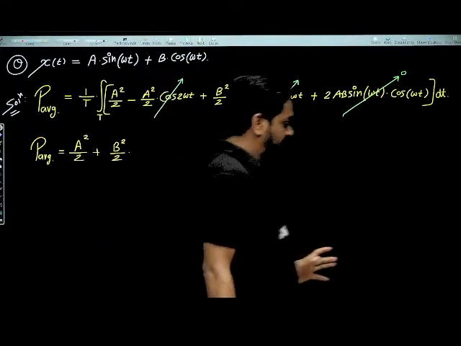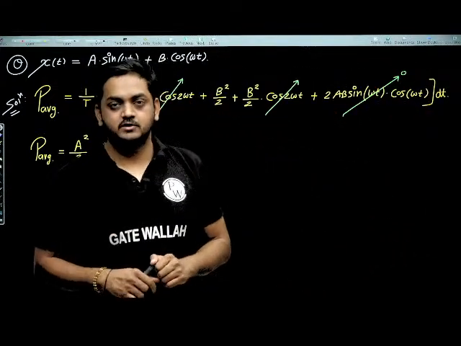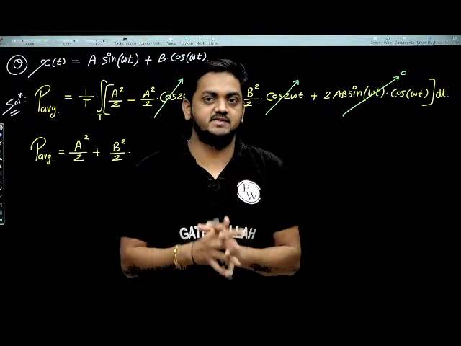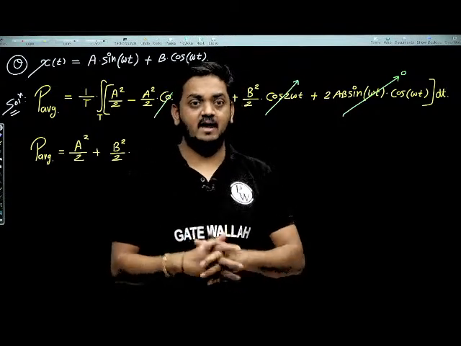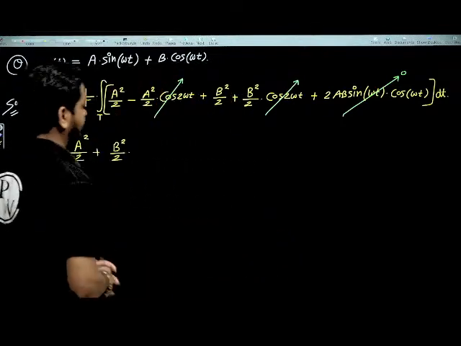Is this clear? And the last case is very important. Suppose we have sinusoidal signals with the same frequency but different phase angles. What do we have to do? Simple.